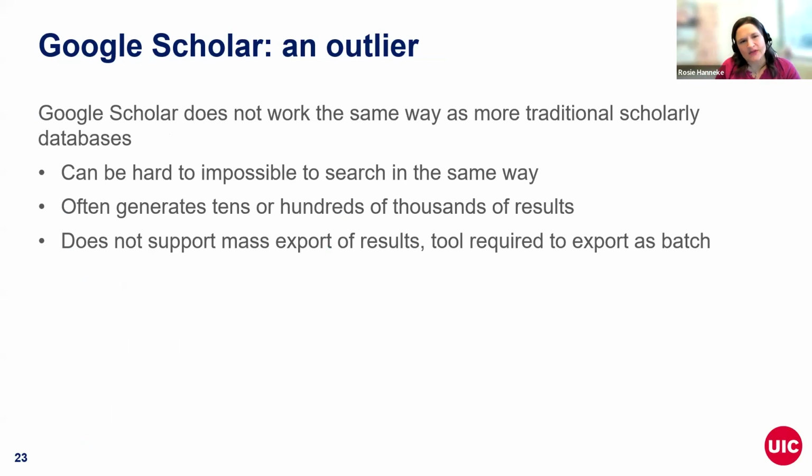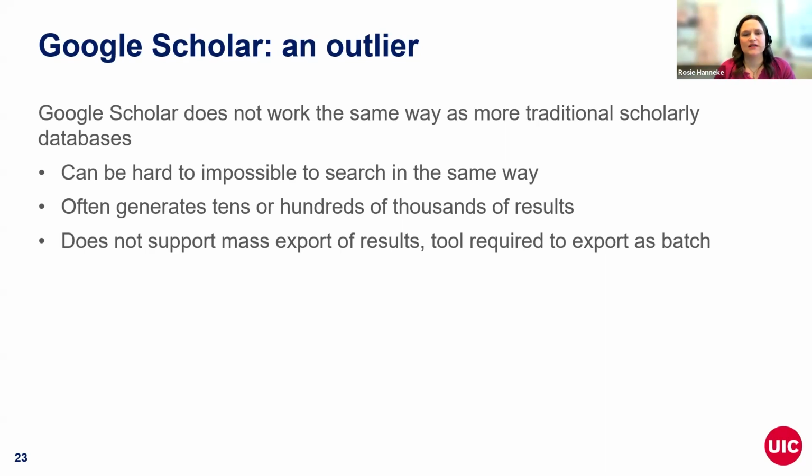What we're talking about today is not really going to apply to Google Scholar, simply because that database is an outlier when it comes to databases you might search for systematic review. Google Scholar does not work the same way as more traditional scholarly databases like the ones we're going to be talking about today. Its search algorithm is not transparent, and it can be hard, if not impossible, to repeat the same search twice.